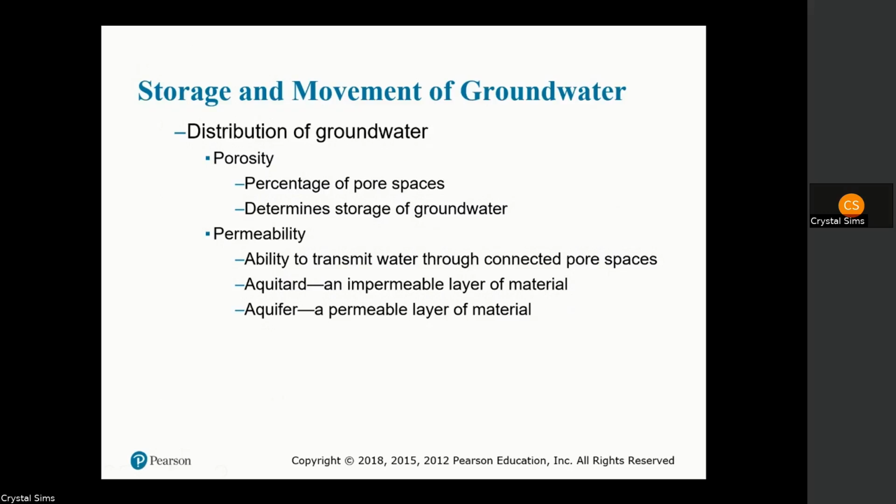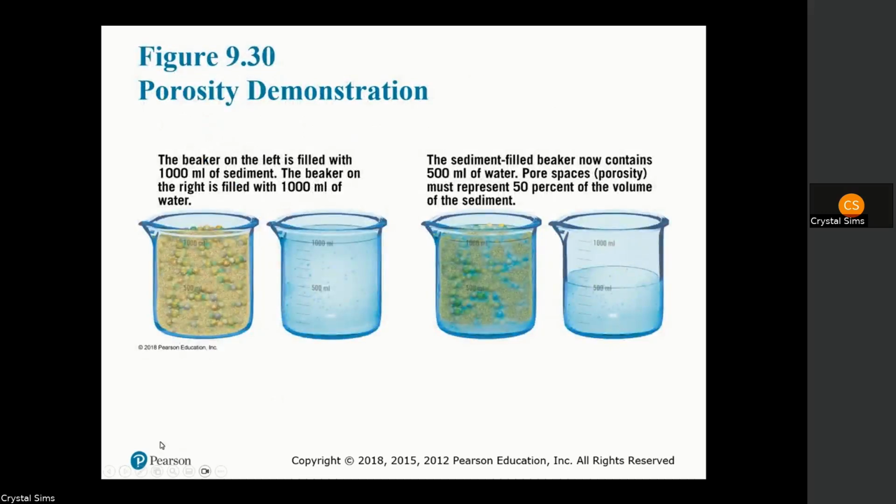The quantity of groundwater that can be stored depends on the porosity of the material. Porosity is the percentage of the total volume of rock or sediment that consists of pore spaces.